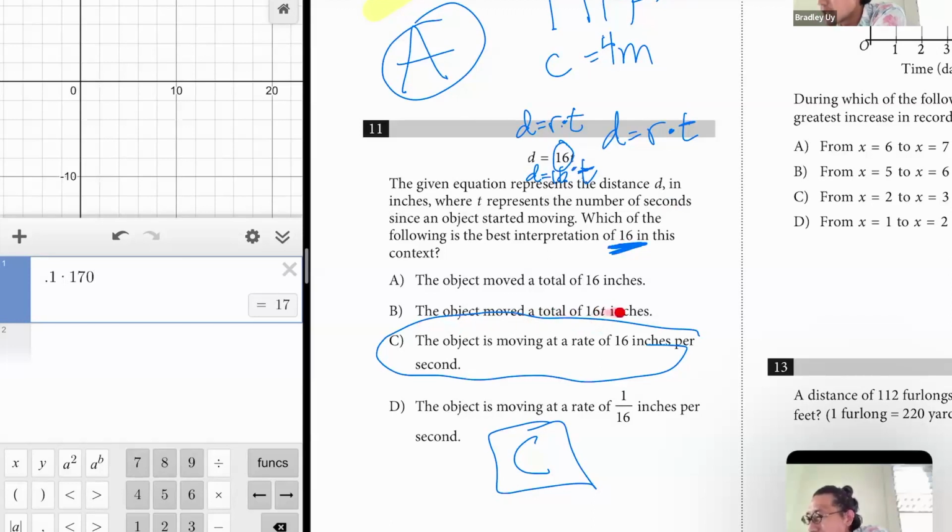B is a true statement if the rate is 16 inches per second. They're specifically asking what 16 represents. So while B is a correct statement, that is not the answer we're looking for, because it doesn't really reveal what the significance of 16 is. That's how we get to C.